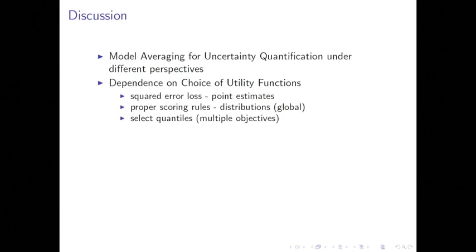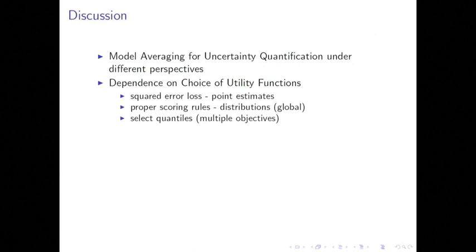And so maybe we should step back and say, well, we could formulate things by looking at both squared error loss, but also look at, say, select quantiles. Maybe we can't get one mixture model that gets everything perfectly, but by focusing on the key quantiles and other point estimates, considering that as multiple objectives, we could also simultaneously learn weights.